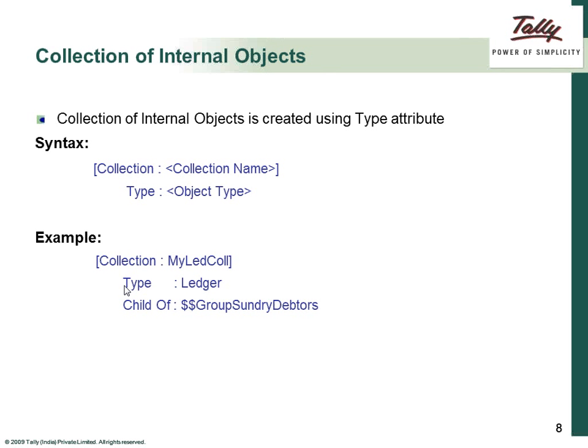There's a little thing that you need to understand. We have something called the object data type, and we have something called the data type. The data types that we know are strings, numbers and logical. These are the value data types. Now, this type is related to the object types that we have in Tally.